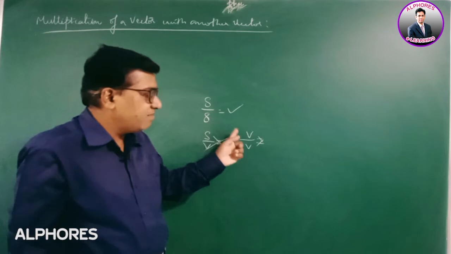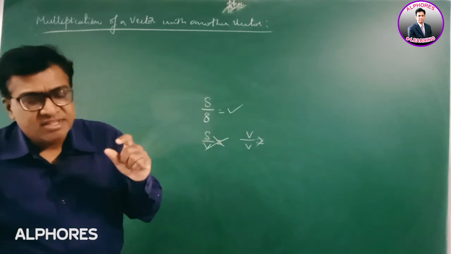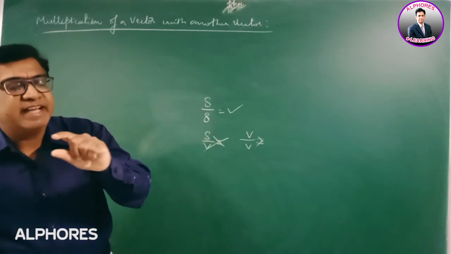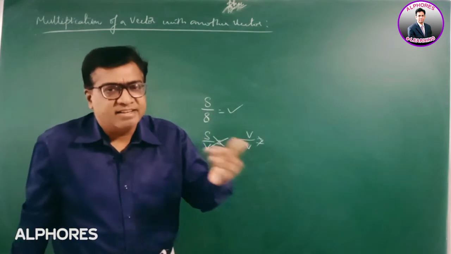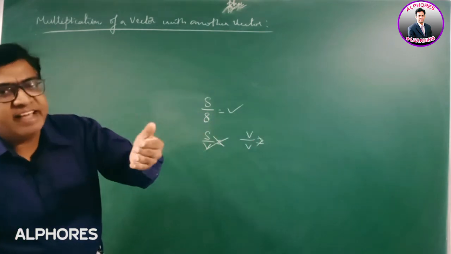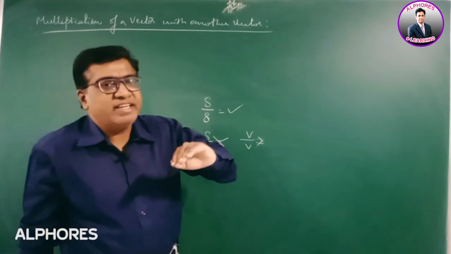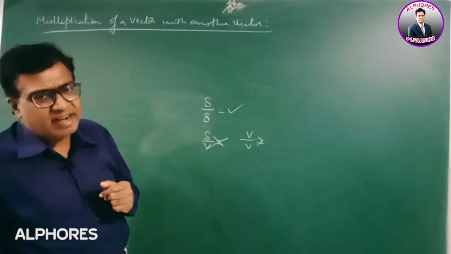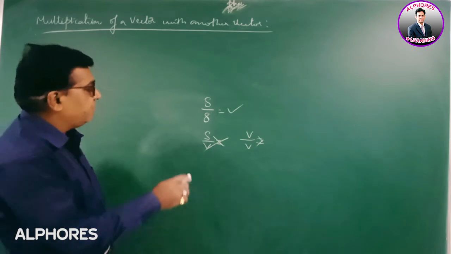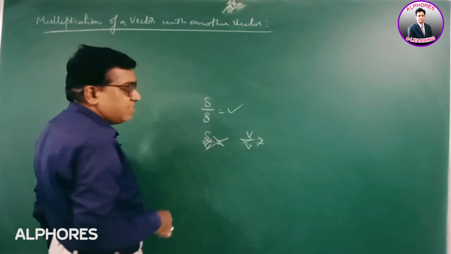You can never divide anything by a vector, because a vector is always associated with direction, right? You cannot divide anything by direction and explain it when a direction-associated quantity is in the denominator. You cannot explain it. It is undefined. So a vector in the denominator is undefined.